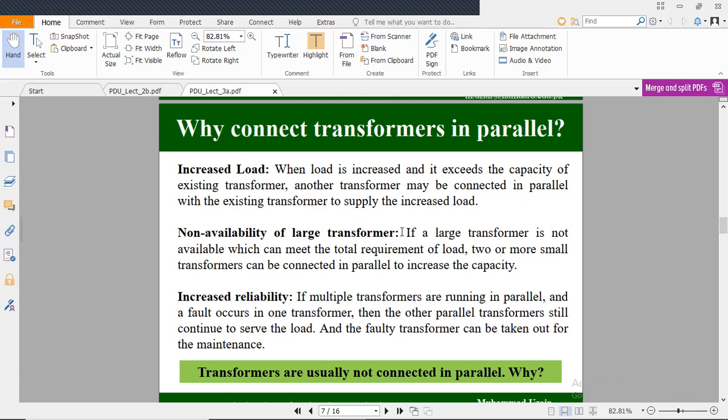Say you need to drive a 1500 megawatt load, and you can buy two transformers of 800 megawatt each, or buy one 1600 megawatt transformer at one time. What will be the best option?